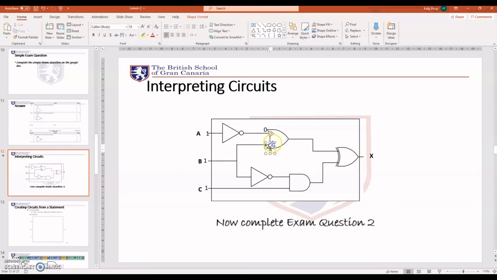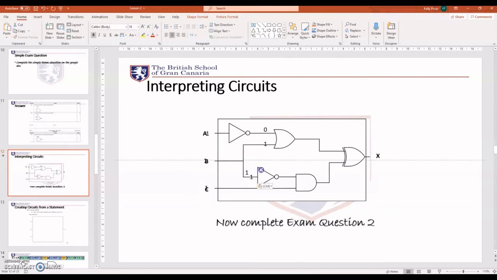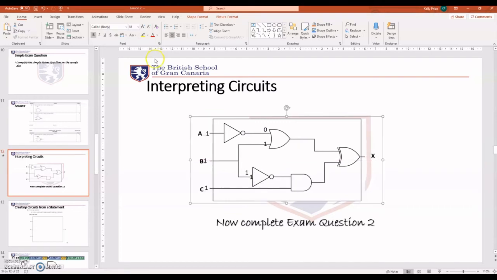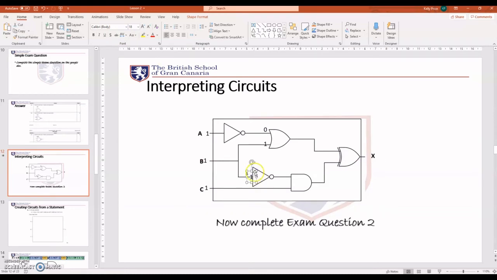So then over here, we notice the input here is 1 because it's already there. And then we know the output here is going to be 0, okay, because it's a NOT gate.